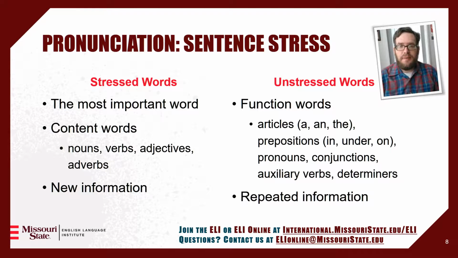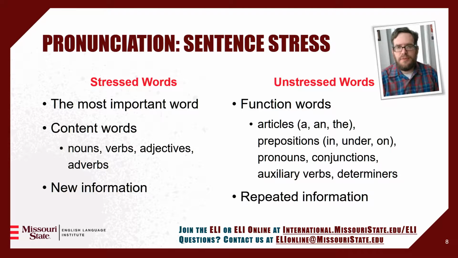Then there are words that we usually do not stress. Okay? These at the ELI we call function words. They include articles like a, an, and the, prepositions like in or under or on, pronouns like he or she, his, her, conjunctions like and or but or, auxiliary verbs, things like is and am and are, has, have, does, doesn't.